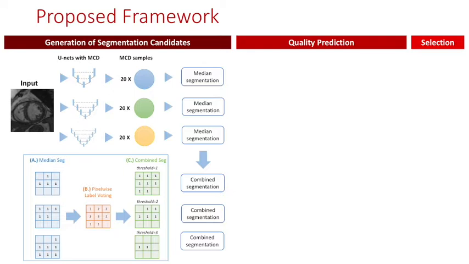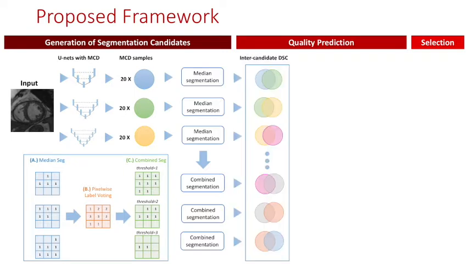The second stage of this framework is quality prediction. We measure the inter-candidate DSC in a pairwise manner among all the segmentation candidates, including both the median segmentations and the combined segmentations.